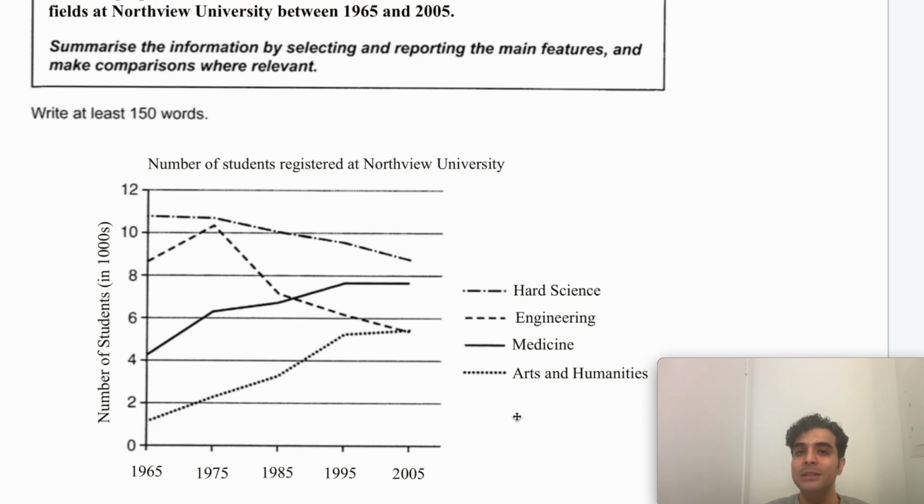Another thing you should focus on is the peak and the low point. So for example, when you're describing engineering students, it might be worthy to mention how the highest number of students enrolled in engineering took place in the year 1975 with over 10,000 students enrolled in this major.